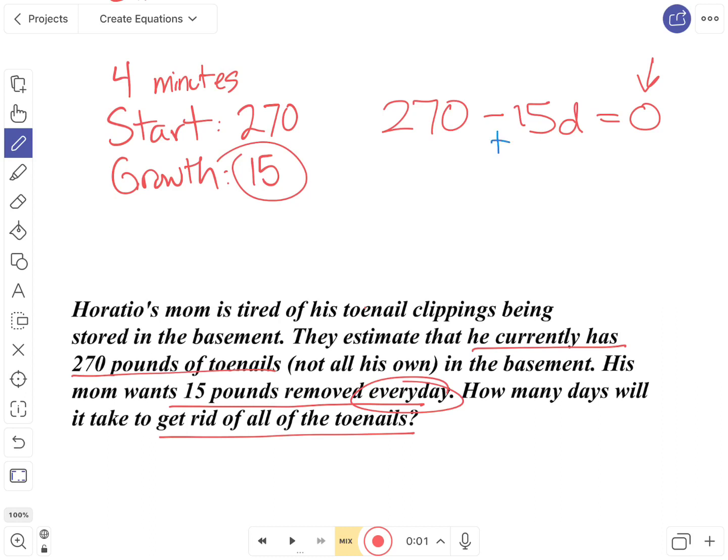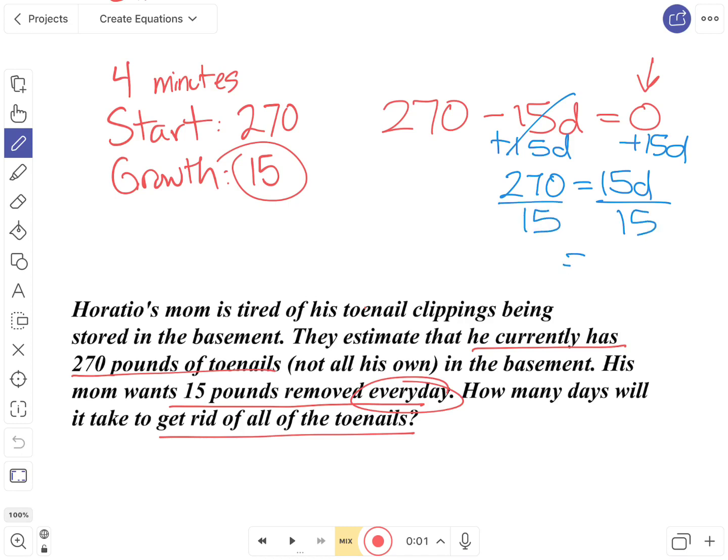One way is mathematically, which I would say I'm going to add 15d to both sides because I like dealing with positives. That becomes 0, so I get 270 equals 15d. Divide by 15, and I get d equals, and I don't know 270 divided by 15 in my head, so I'm going to grab a calculator. 270 divided by 15 equals 18. So it would take 18 days.